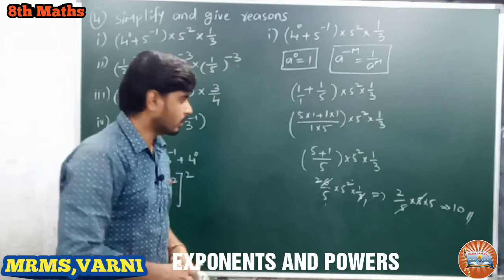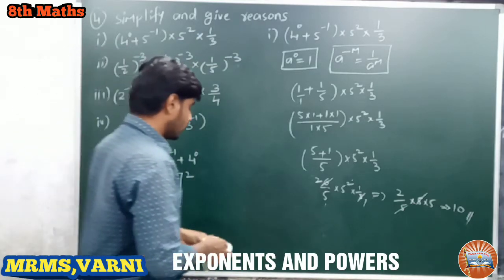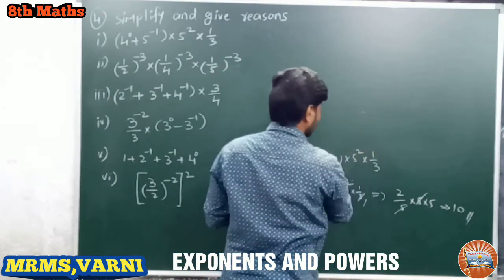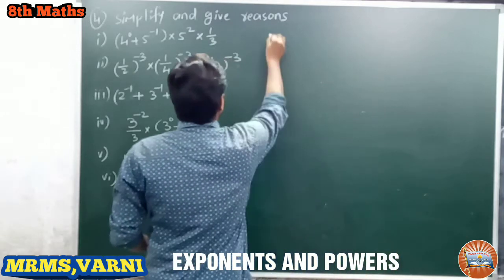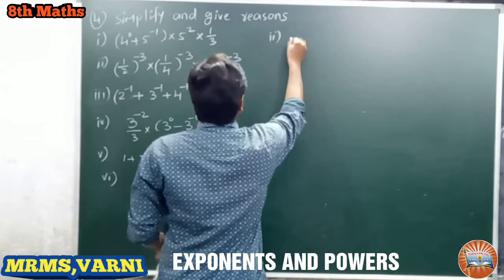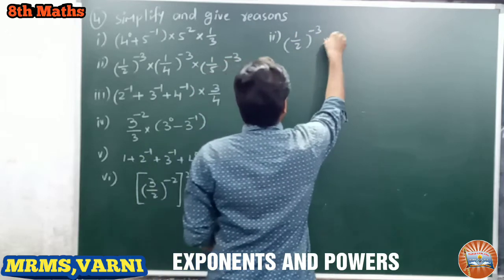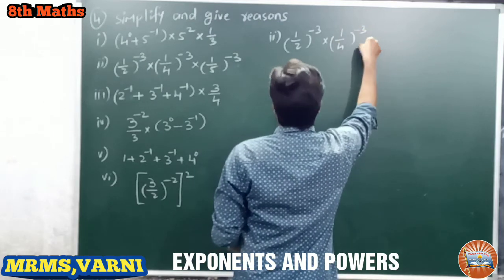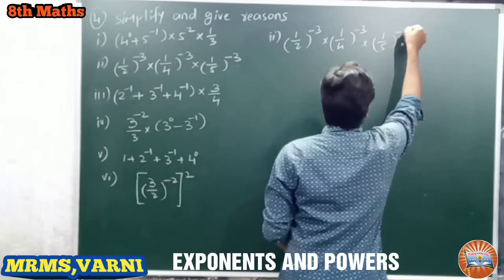Okay, right. Next we go for problem number 2. What is the second question? Second question: 1 by 2 whole power minus 3 into 1 by 4 whole power minus 3 into 1 by 5 whole power minus 3.